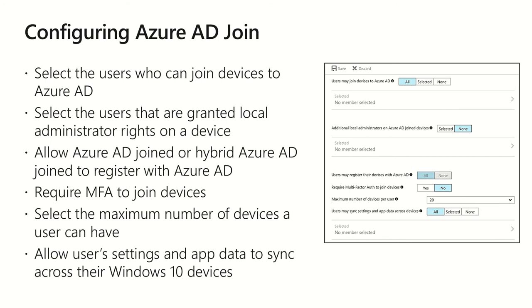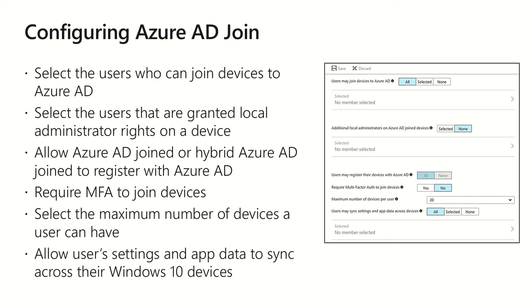So it will be needed when joining a device. Before you enable MFA for the service, you must ensure that MFA is configured for the users that register their devices. You can enable that from the Office 365 admin portal, one by one or by providing a CSV file so you can enable it for everyone.